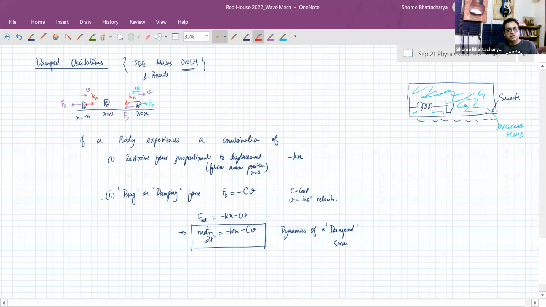So at any instant when the body is, let's say, moving like this, apart from the fact that spring force will act on it, there will also be the damping force, in the opposite direction. So that is the physical example of it. Or we can write this equation like this: m d2x by dt square plus kx plus c into dx by dt is 0.